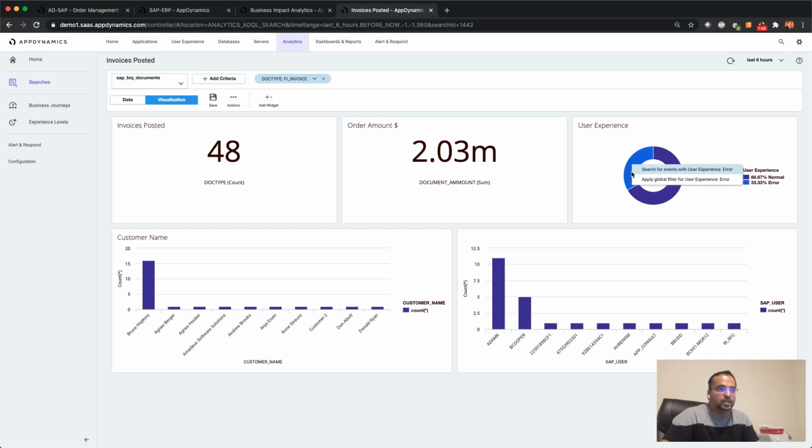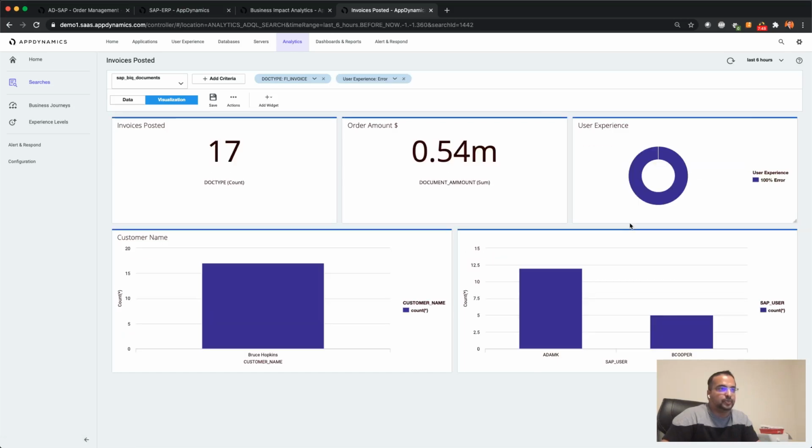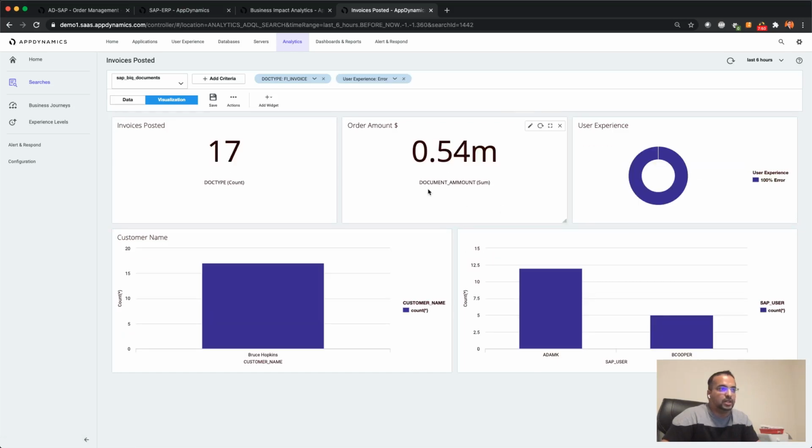We do the particular drill down, and we figure out that this has a huge order amount impact for these particular errors. And when we see what is happening with the SAP user and the customer, there is a single customer that is being impacted by this.